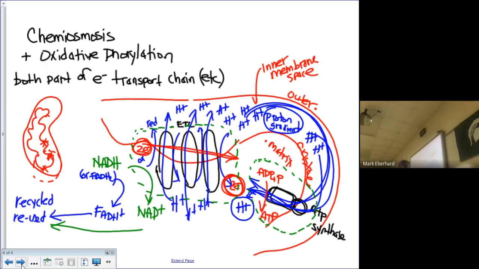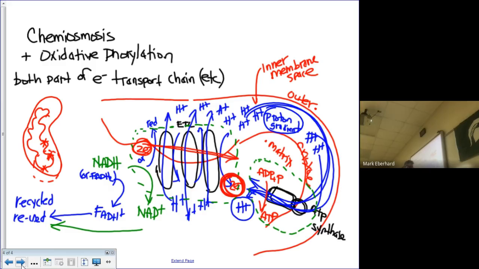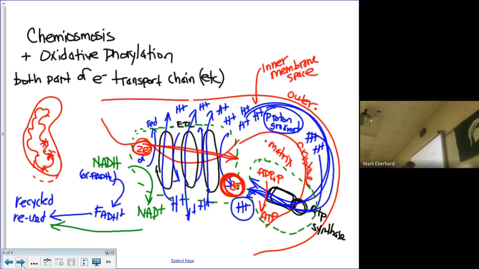I'm getting some ATP, awesome. But I still have this used up electron that's in a low energy state, and I have this hydrogen that has been pushed back across the membrane. They can't just hang out there.